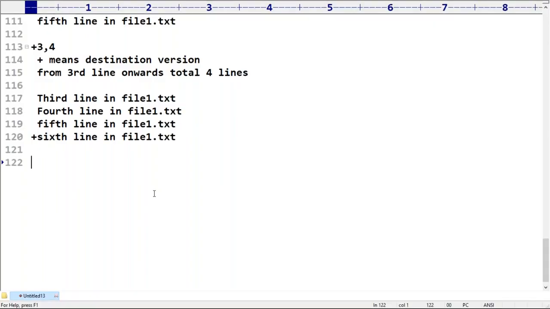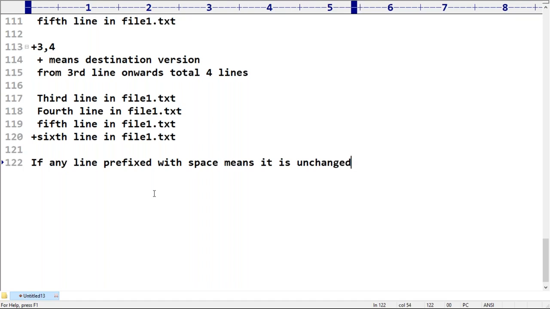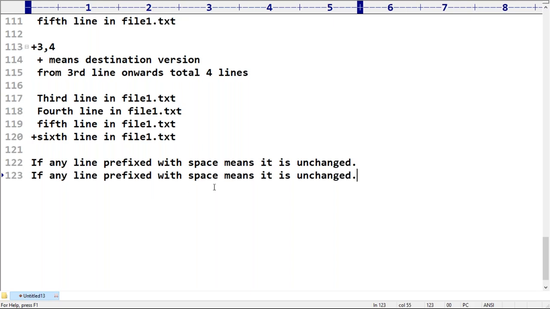So if any line is prefixed with a space, it is unchanged. Next, if any line is prefixed with a plus, it is added in the destination copy.